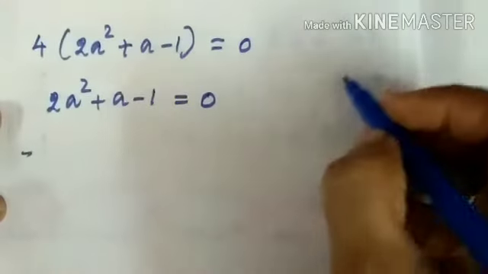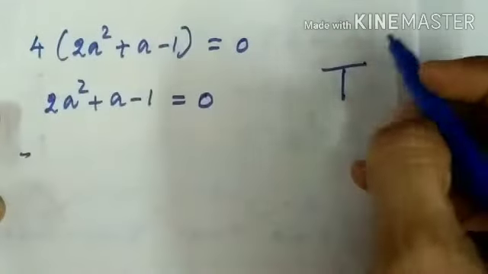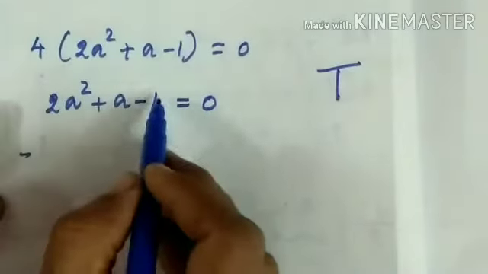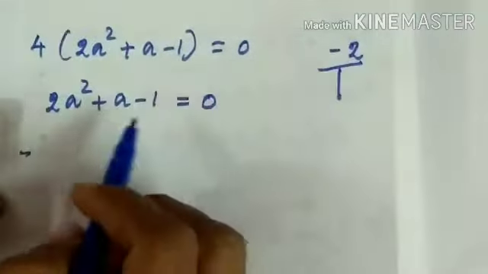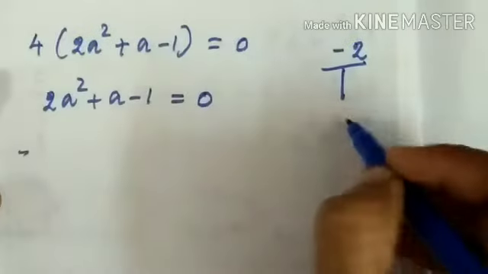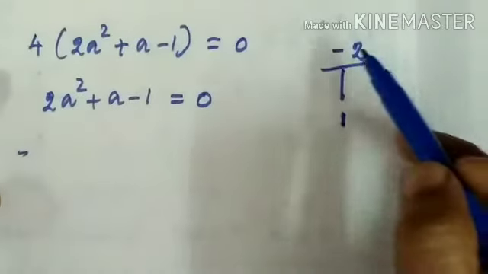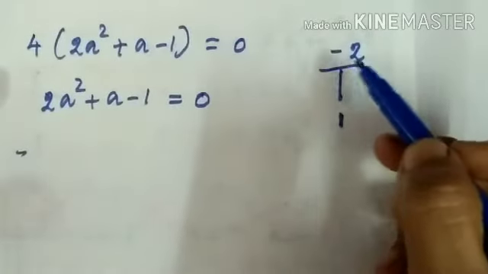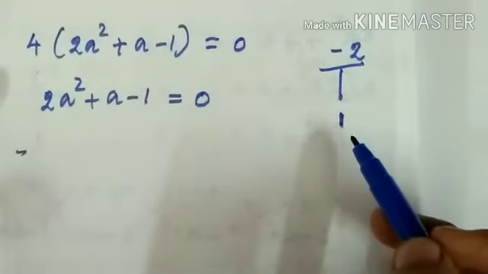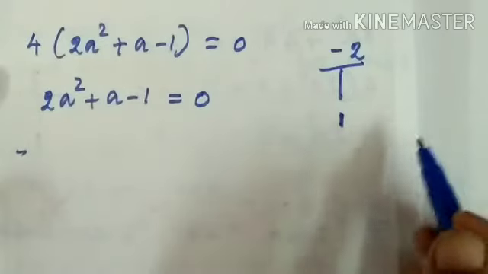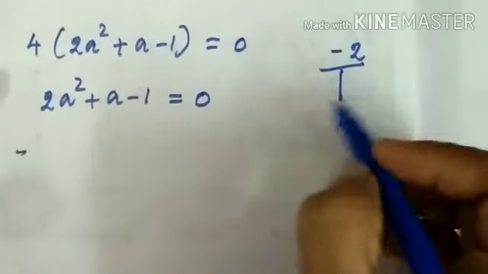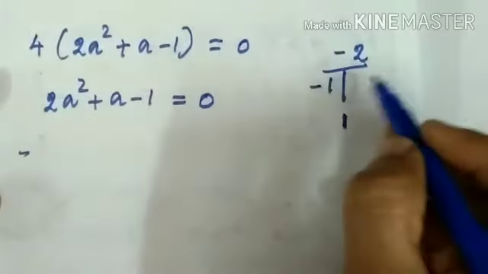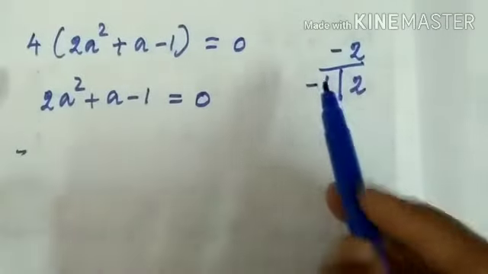Then you apply T method and find the factors of this equation. That is 2 into minus 1 minus 2. Then coefficient of a term is 1. Then what is the factor for minus 2 and 1? Yes, minus 1 plus 2.